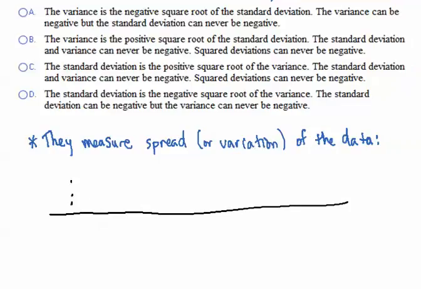And I might have some here, and a couple here, and a couple here. I'm actually demonstrating with a kind of fake dot plot. There's more data clustered over here, right?